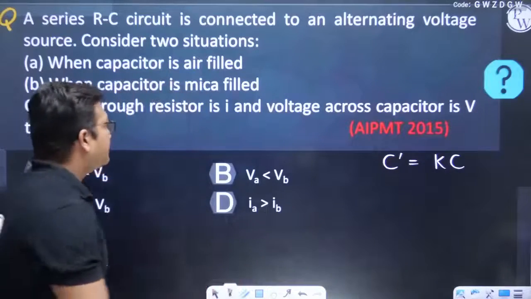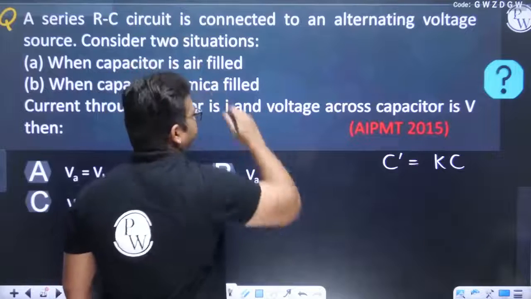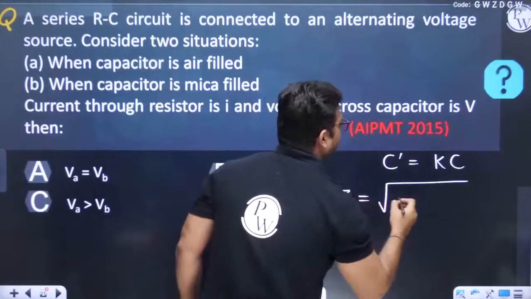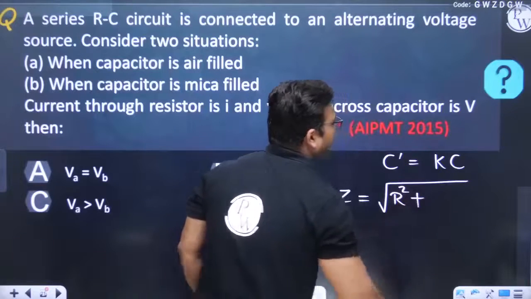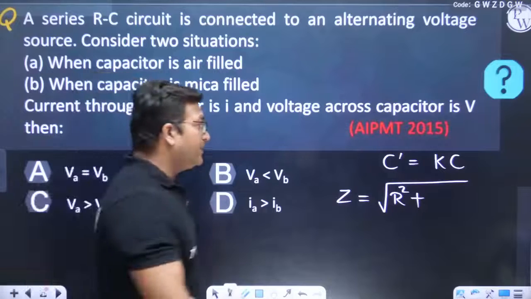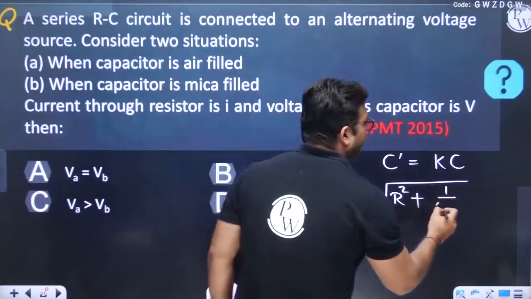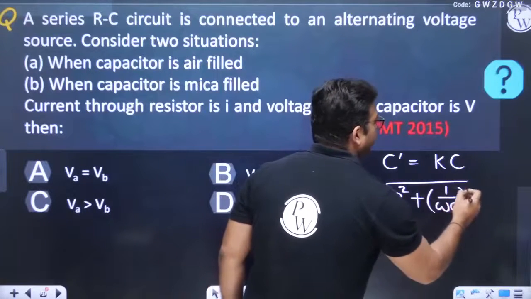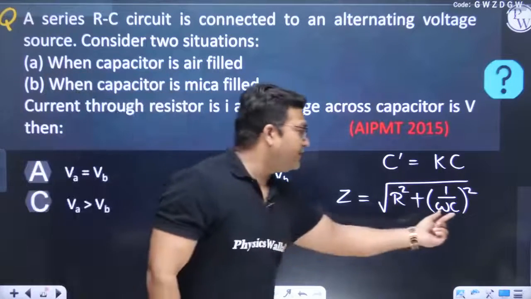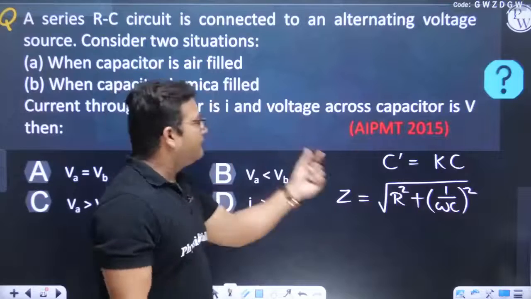Okay. If you have only R and C, the impedance becomes square root of R square plus XC square. And do you remember XC is 1 by omega C? So 1 by omega C square. So in case A, we have C smaller. In case B, we have C bigger.